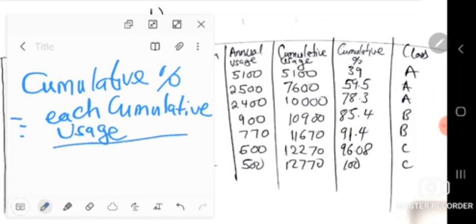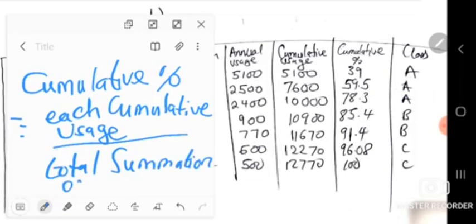Then you're dividing them by the total summation of annual usage. So each cumulative usage, let's say you get 5,1 over the total annual usage. If you add everything in the annual usage column, it will give you 12,770.